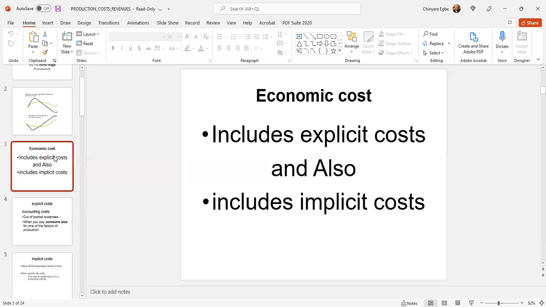Now, what we call implicit costs are costs that you do not lay out cash for, but they are there as a cost. I'll give you an example. Suppose you are a chef.